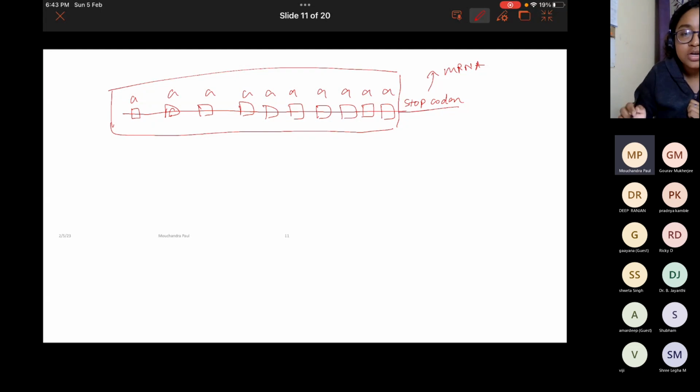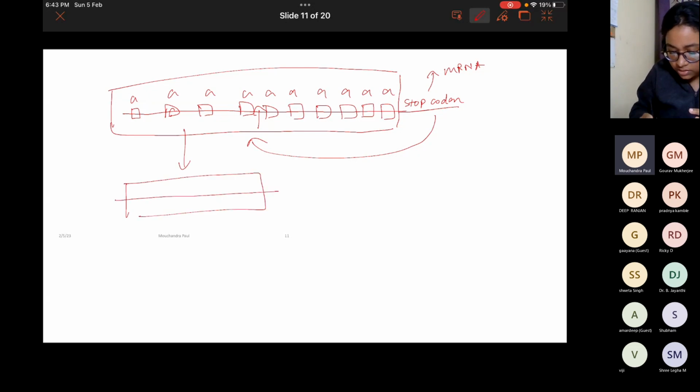But due to the mutation, you get a stop codon upstream, before it is intended, somewhere here in the mRNA, because of which the final protein length has become shorter. Previously it was about 10 amino acids. Now it has become only 4.